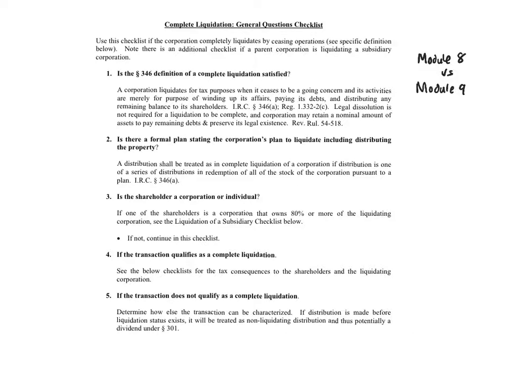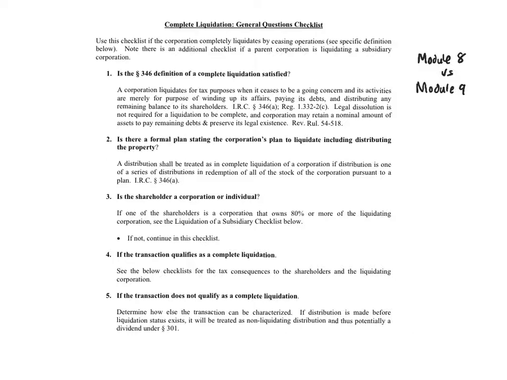That's the question, because the rules are going to differ. Module 8 distributions, you apply distributions using the three-part waterfall for the shareholders. But Module 9 distributions, you get the subtract away basis, and there's also even some special non-recognition rules that we're going to talk about. Okay?